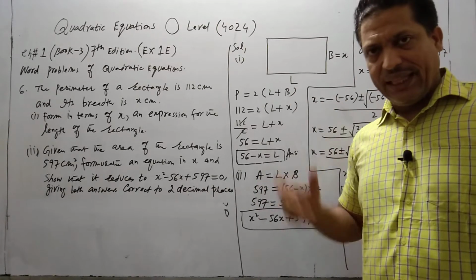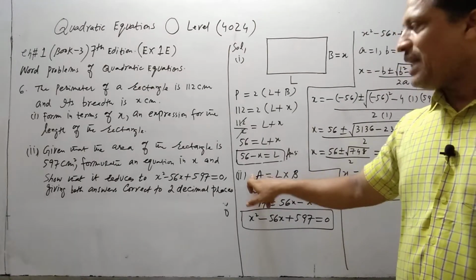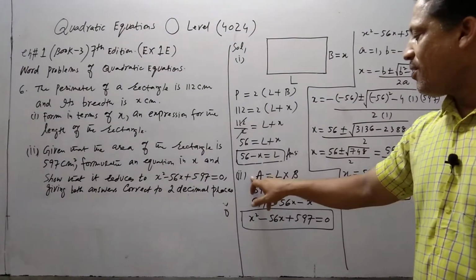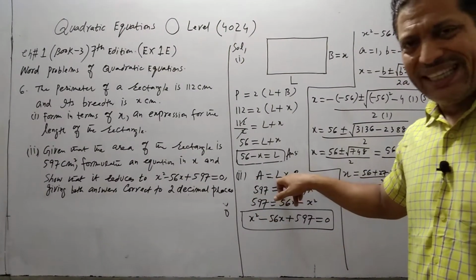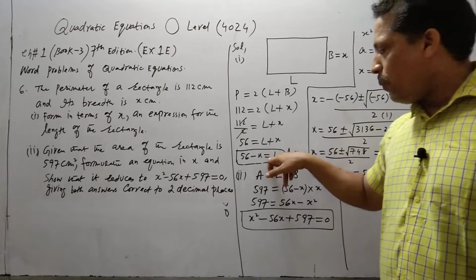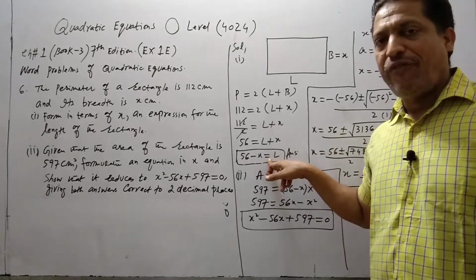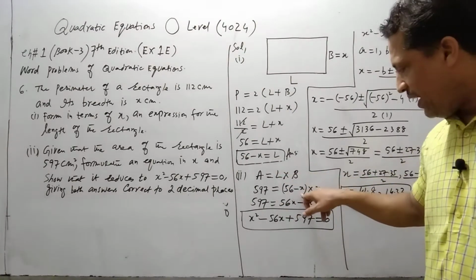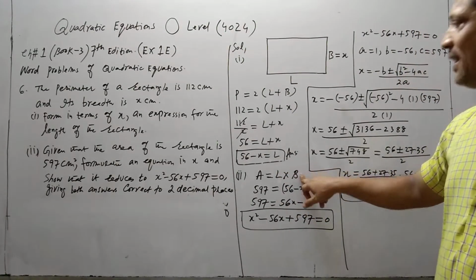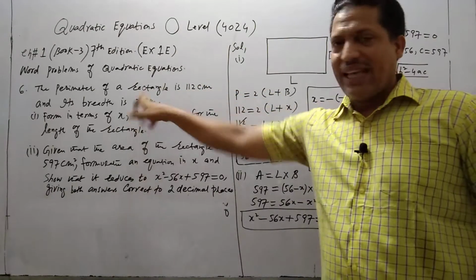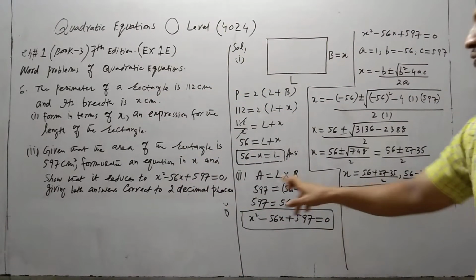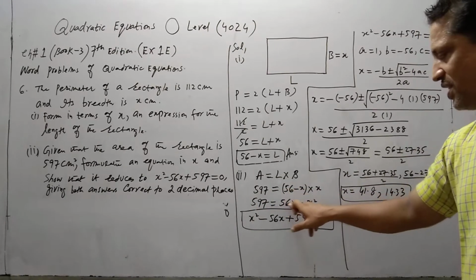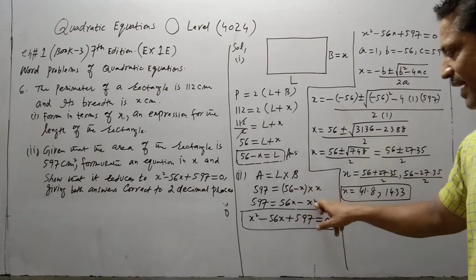In this question, area is given as 597. So we put 597 equals length times breadth. We already obtained length L equals 56 minus x, so we put 56 minus x instead of L, multiplied by breadth. Breadth is already given in the question, which is x. So 597 equals x multiplied by 56, 56x, and x multiplied by x, x square.